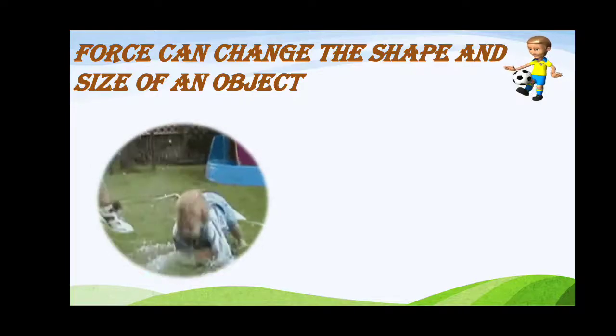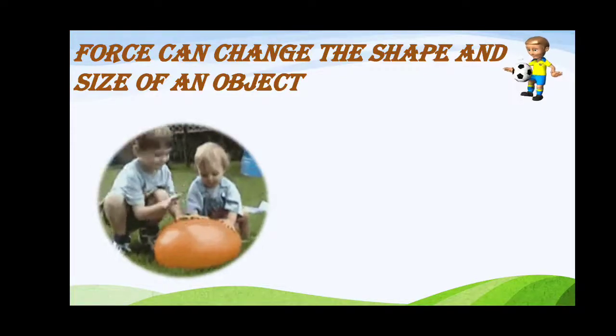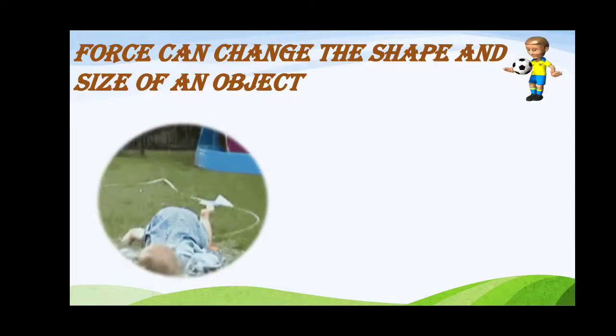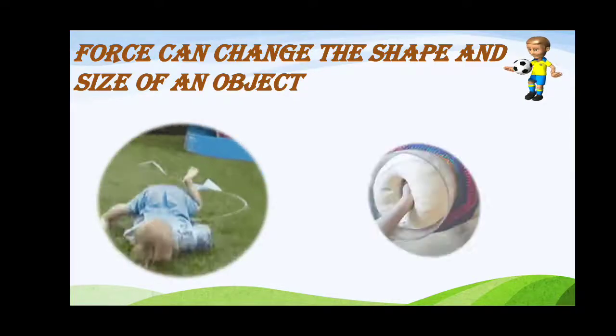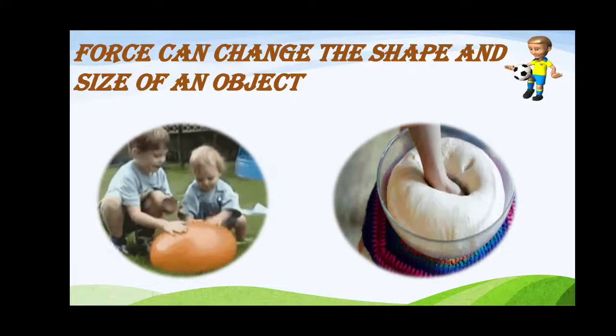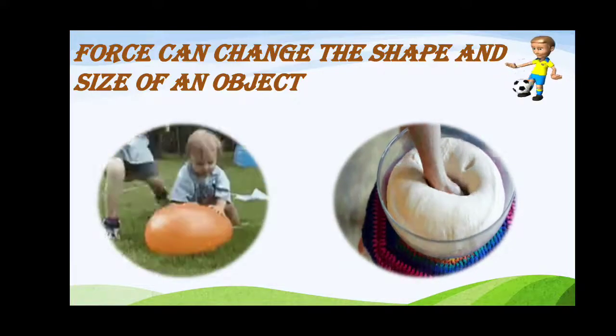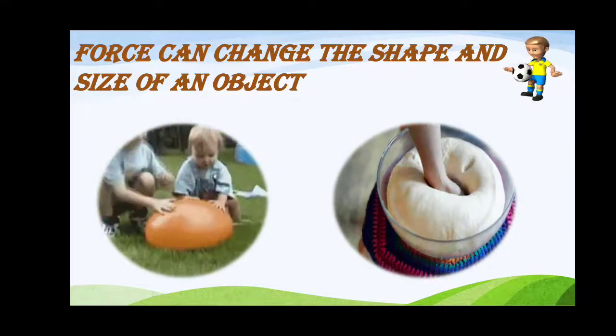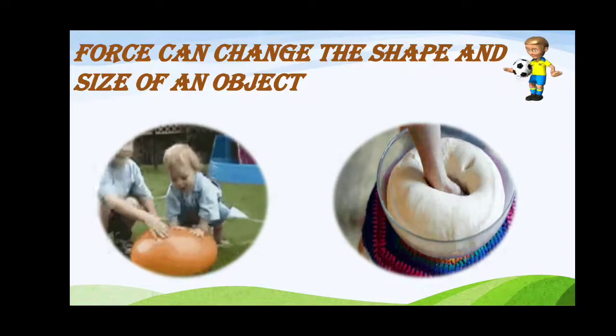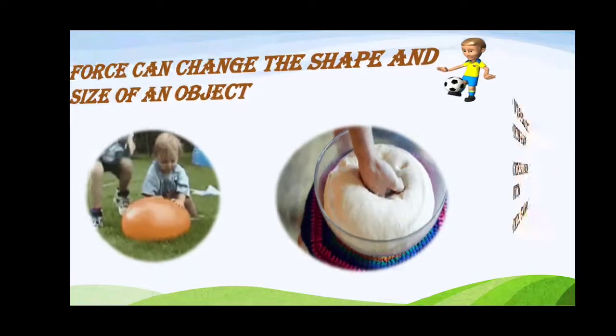See this example in which when force is applied on a balloon filled with water, the total shape of the balloon gets changed. Here is a wheat flour dough. When force is applied on this dough, the shape of the dough changes.